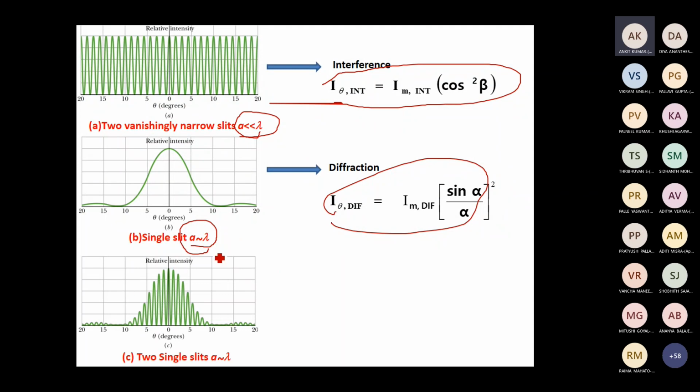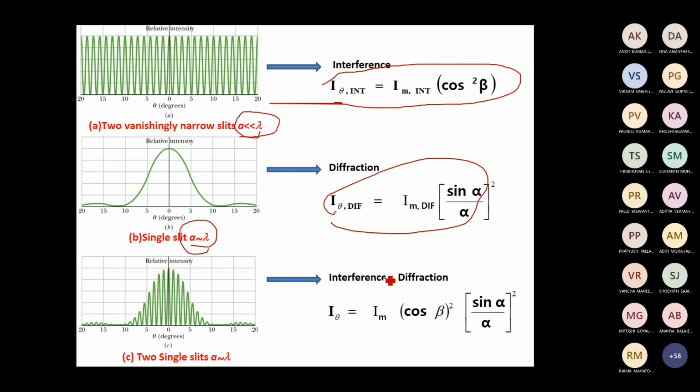The combined effect gives you a case where I theta is equal to Im cos beta square sin alpha by alpha square. So strictly speaking, this is the equation we'll be using to study any pattern over there. I will call it a diffraction pattern because you don't get an ideal interference pattern; interference will always be accompanied with diffraction.